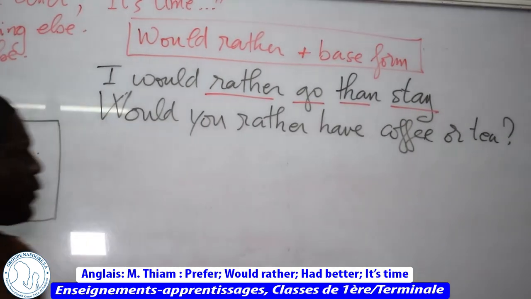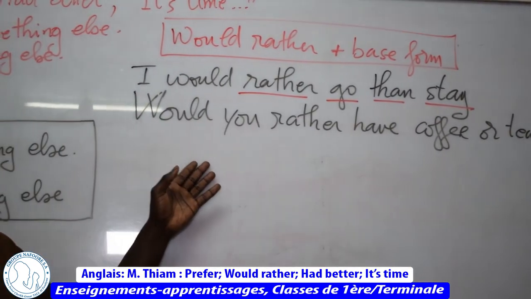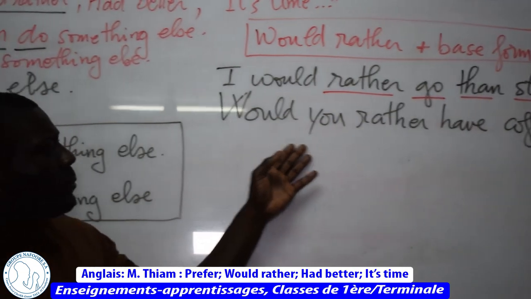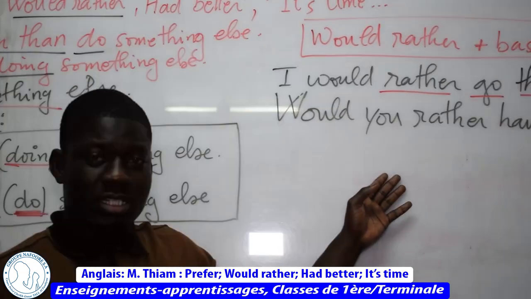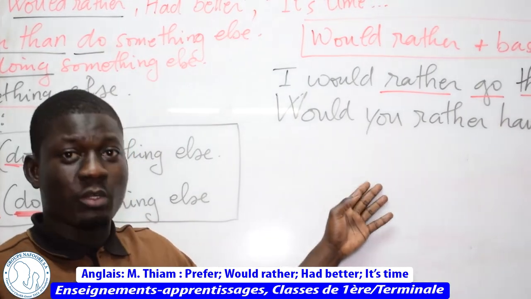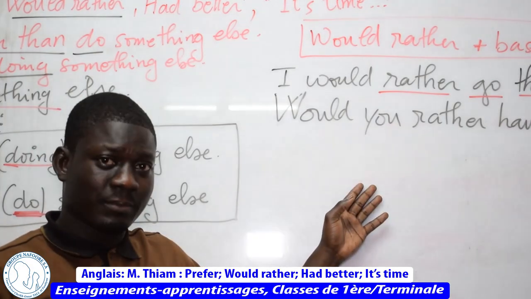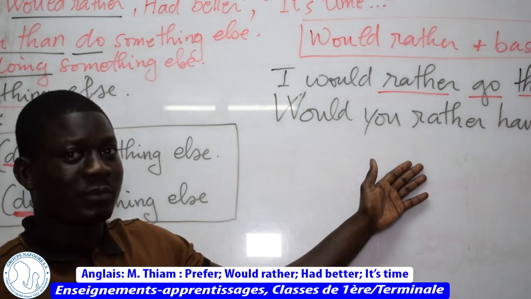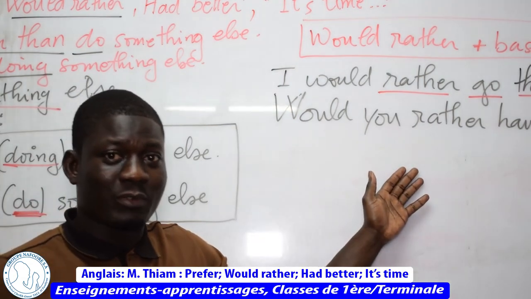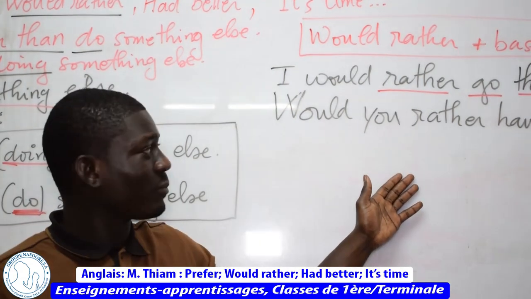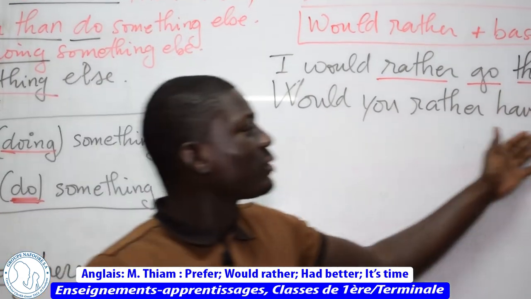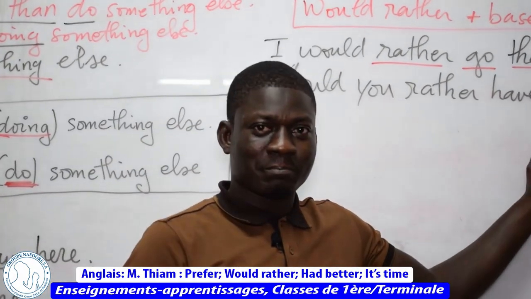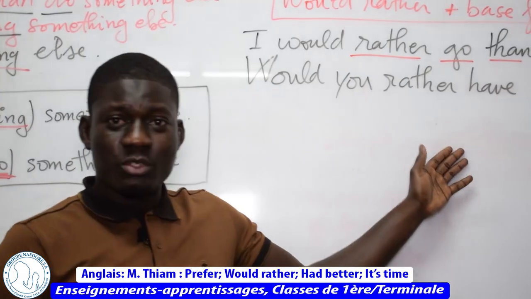Now, if someone pays you a visit, you can offer him something by asking him, of course, what he or she prefers. Okay? Would you rather have coffee or tea? Voudriez-vous avoir du café ou du thé?